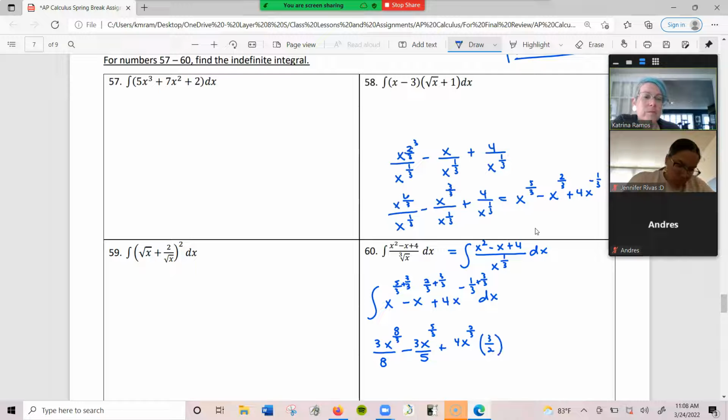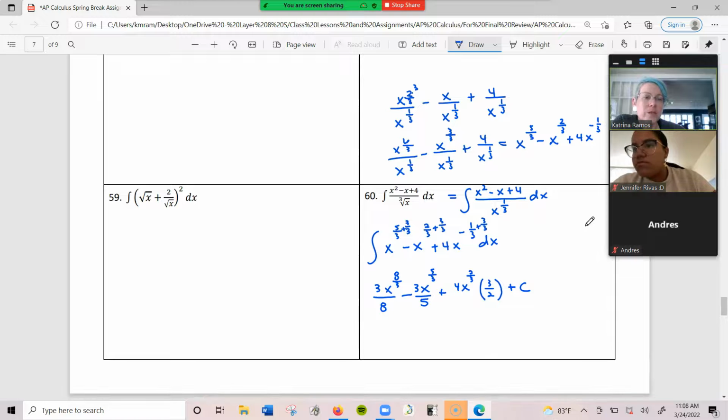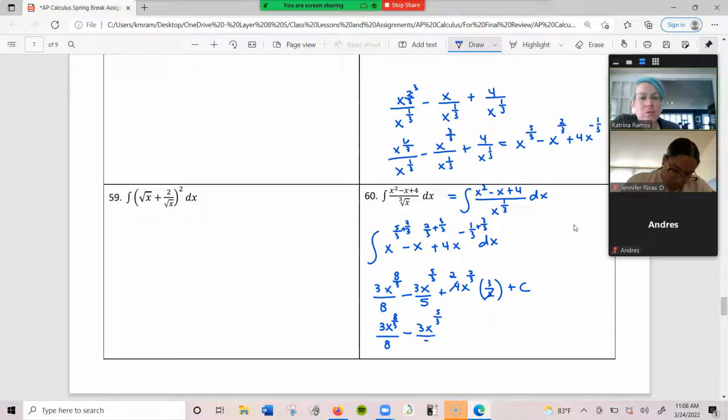And then the only thing that we're going to do here is simplify this. 4 times 3 over 2. 4 divided by 2 is 2. So my final answer would be 3x to the 8 over 3 over 8, minus 3x to the 5 over 3 over 5, plus 2 times 3, which is 6, x to the 2/3, and then of course the plus c.